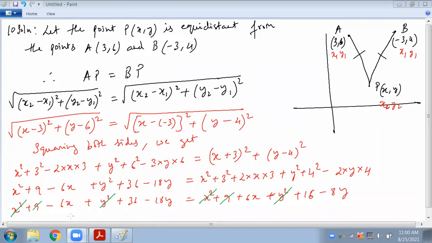Now what is left? You can write minus 6x plus 36 minus 18y equal to 6x plus 16 minus 8y. Okay, you can write up to this.